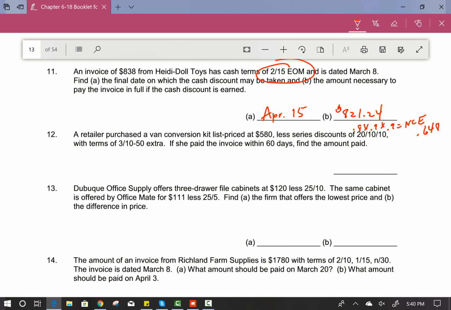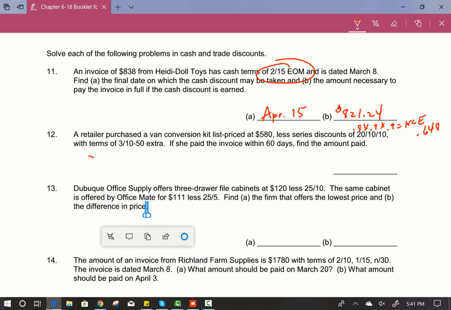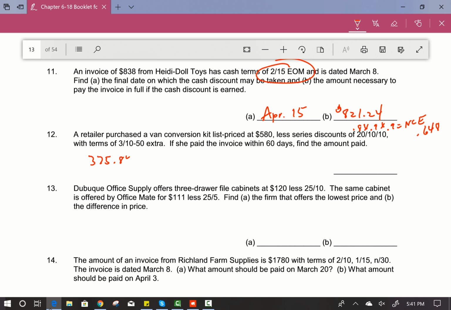Multiply that net cost equivalent times the 580, the list price, and that will give us a net cost of $375.84.